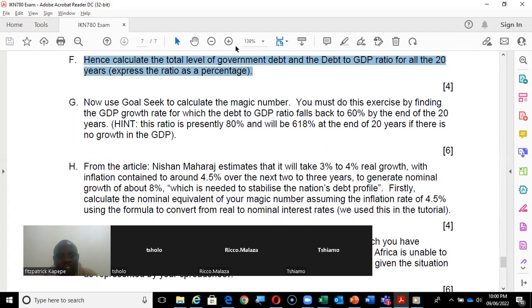But we are saying GDP is growing at 2%, right? Yes, growing at 2%.